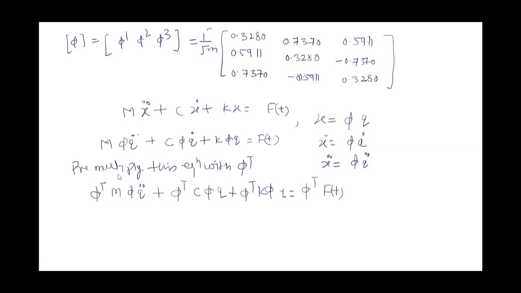So here we know that this term phi t m phi equals m i, and phi t c phi is equal to c i, and if modes are mass orthonormal, this is 1, this is 2 zeta i omega i, and phi t k phi equals k i, which is omega i square.